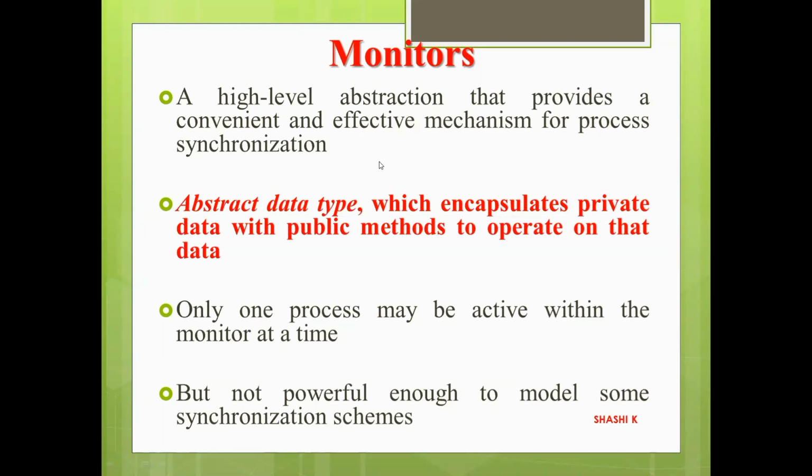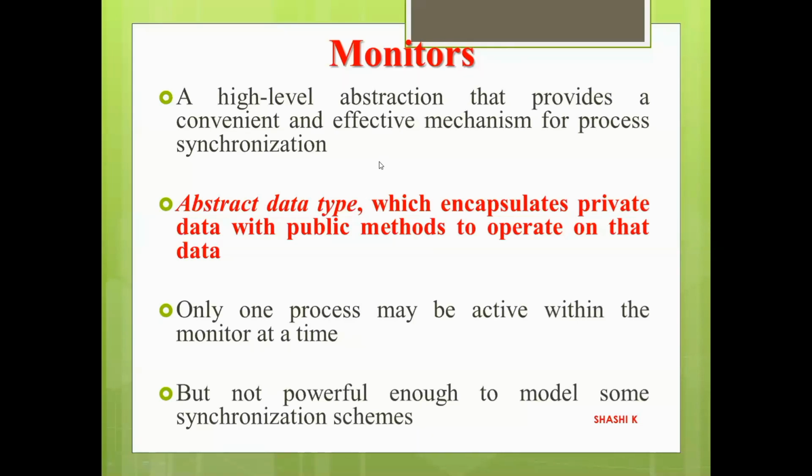We can define a monitor as an abstract data type which consists of private data and public procedures which can operate on the data. The private data is the shared variables which the processes want to access, and they will be put inside the monitor as private data, along with public methods to operate on the data.